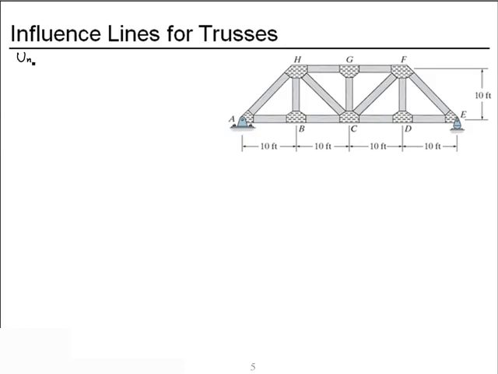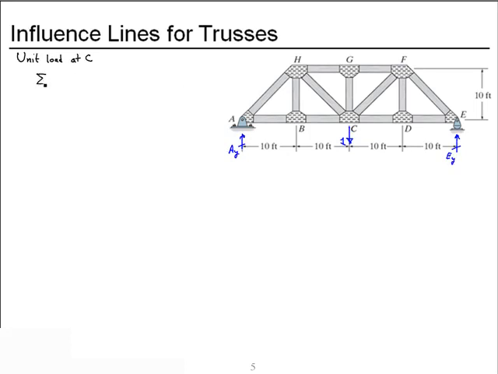Now we move the unit load to point C. We have the vertical reaction AY, vertical reaction EY.